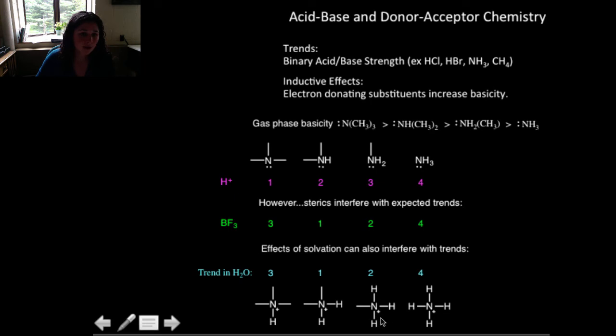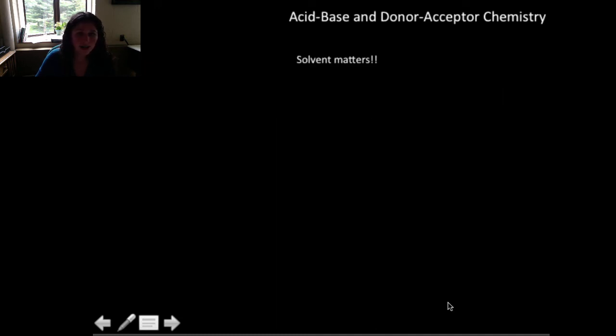Here we have 3 hydrogens that can hydrogen bond with water, and the more hydrogens you replace with a methyl group, the less ability for that conjugate acid to be solvated. So in this case, it decreases the basicity of this trimethylamine because its conjugate acid cannot be solvated well by water. So the solvent can affect the trend in acidity or basicity. In fact, that's a good time to mention that solvent really does matter.